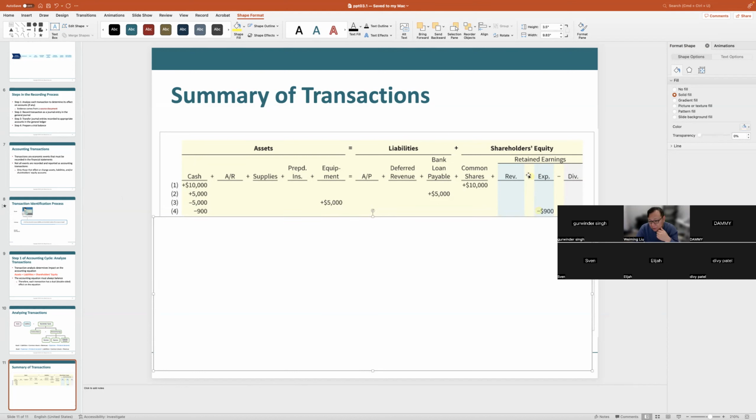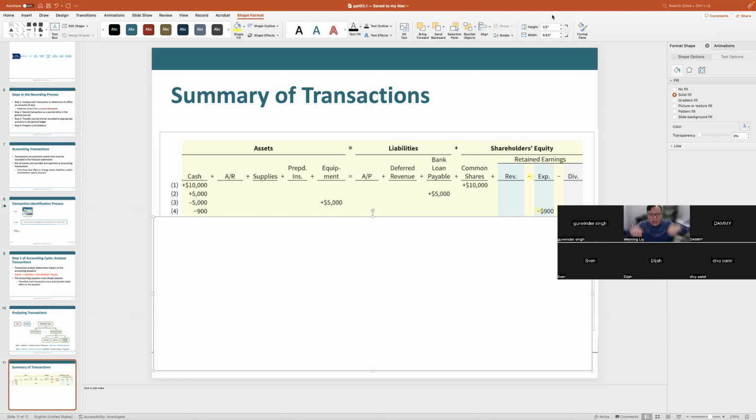So what is happening here? I see. Incurred expenses. Very good. So your expenses increase at 900, but according to the equation, there's a negative sign. So it works out the same. The left side of the equation decreased 900, the right side of the equation decreased 900, right?